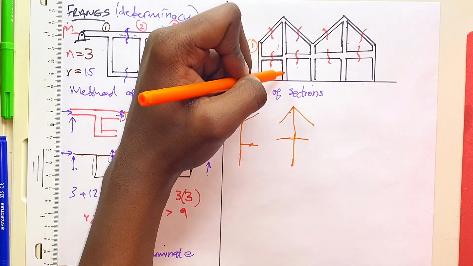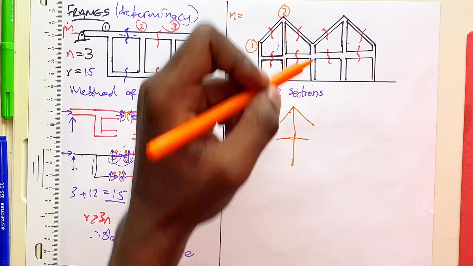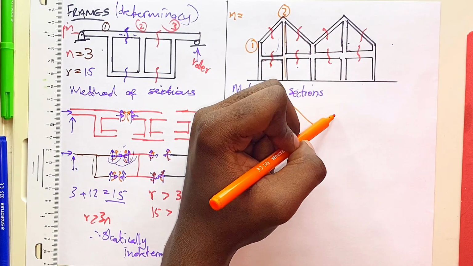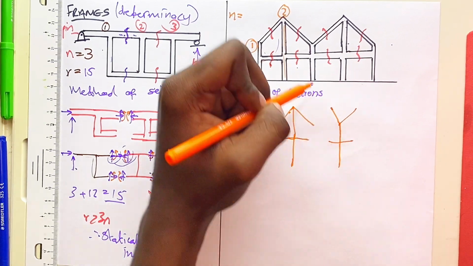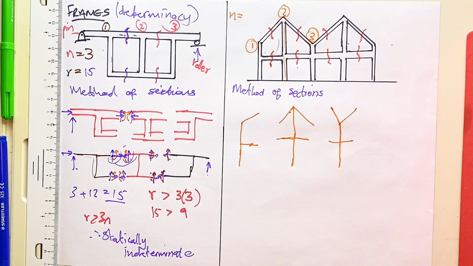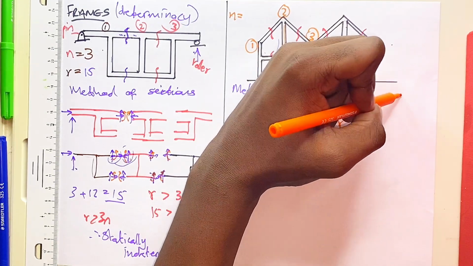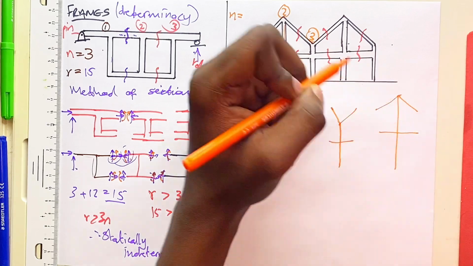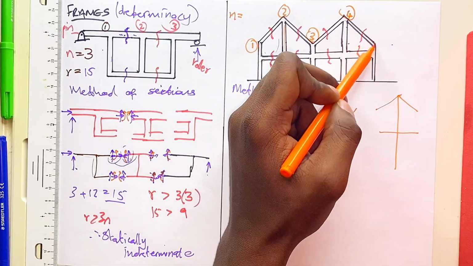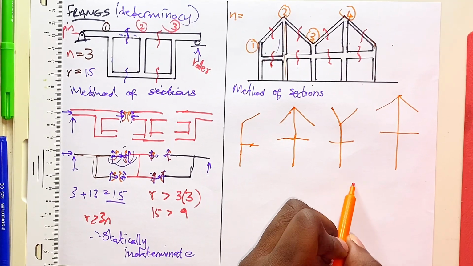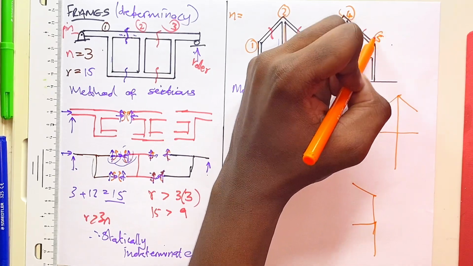This member in the middle here will be our member number 2, and then we'll have one here that looks like a Y. This member here will be member number 3, and then we'll have another one that looks like an arrow, which is member number 4, and then we'll have another F on the right hand side, a backward F, which is member number 5.